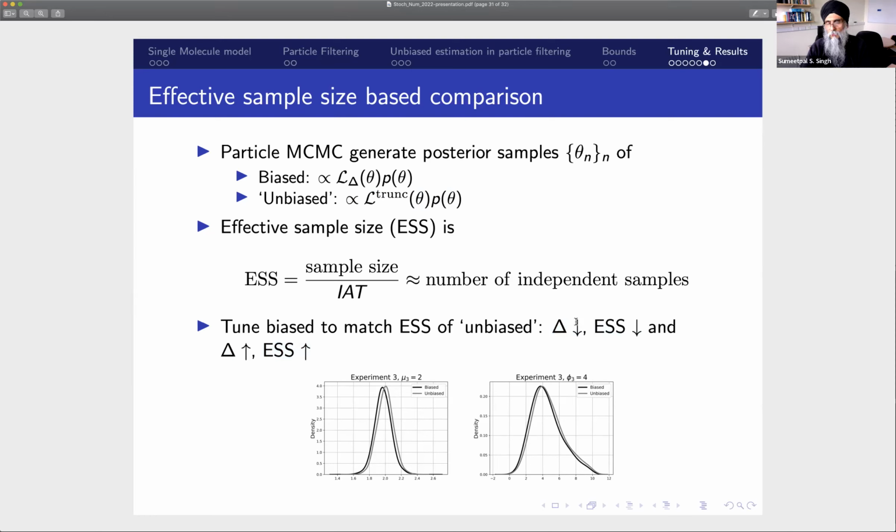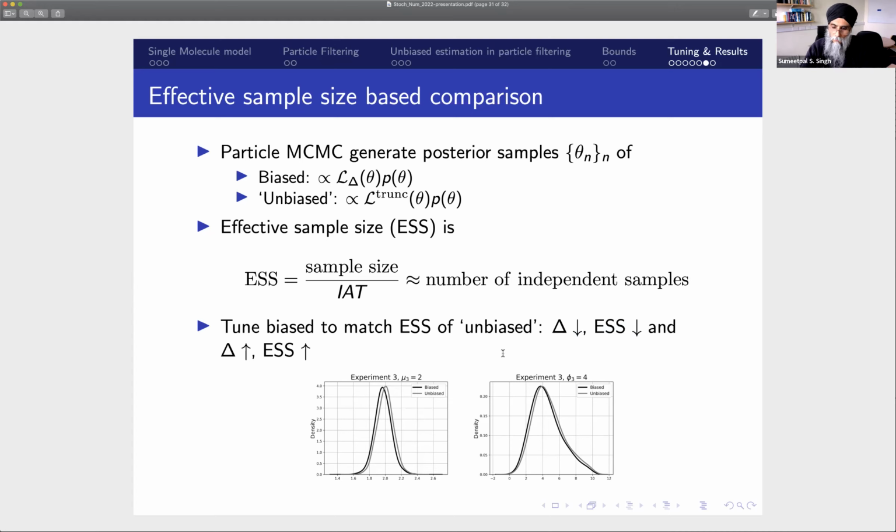So we shrink delta so that the ESS is the same. And as you can see, even if you run this MCMC algorithm for a fixed amount of time, for the same ESS the biased method will deliver a slightly worse solution than our method. How bad this is can depend on the context.